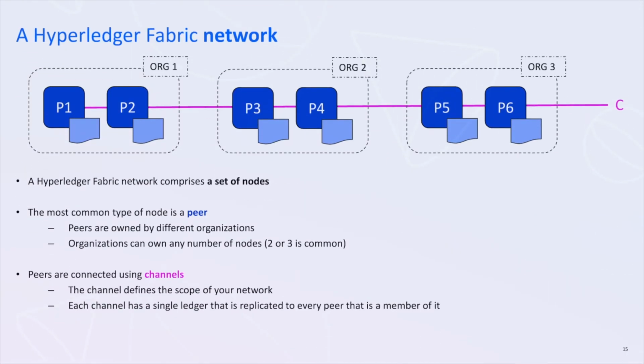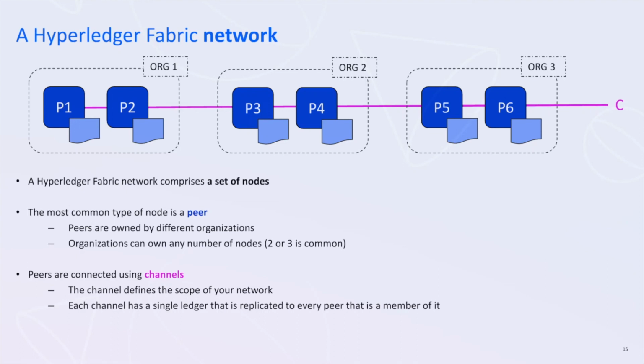In a typical Fabric network, we have peers and channels, which are the basic building blocks of a Hyperledger Fabric network. Each channel has a single ledger, so we can consider the scope of a channel to be equivalent to the scope of the network. In org1, there are two peers, peer 1 and peer 2, connected through a channel.